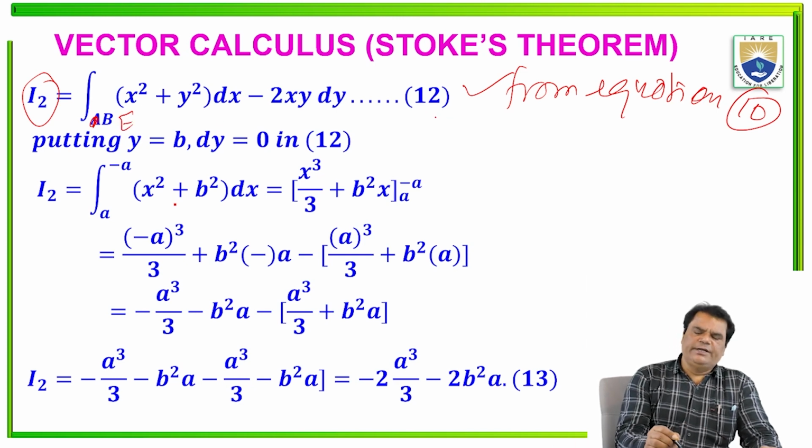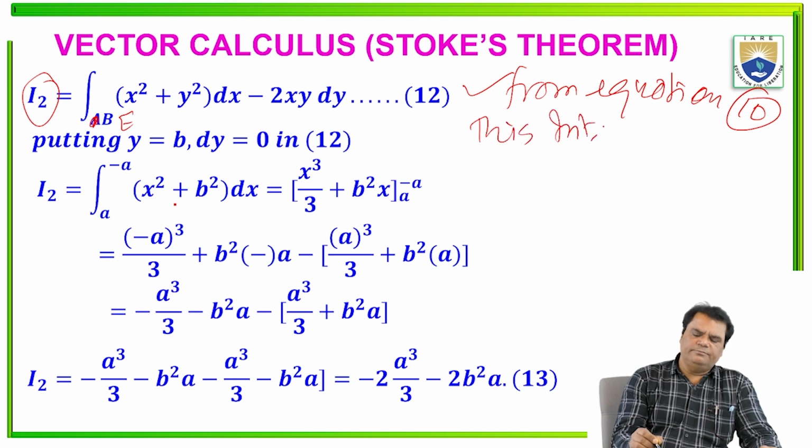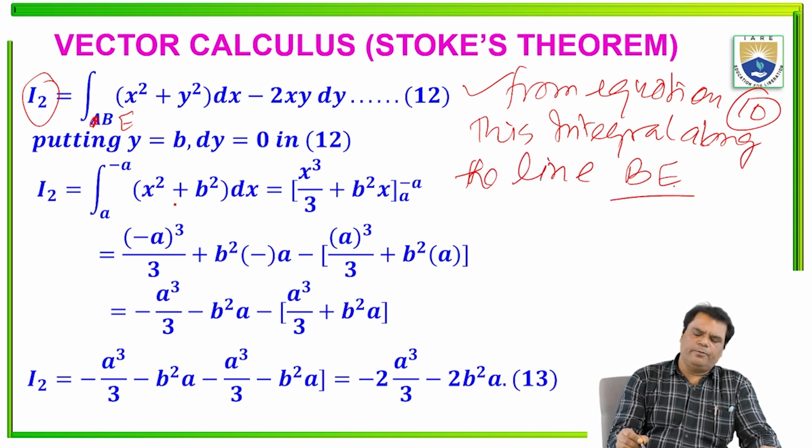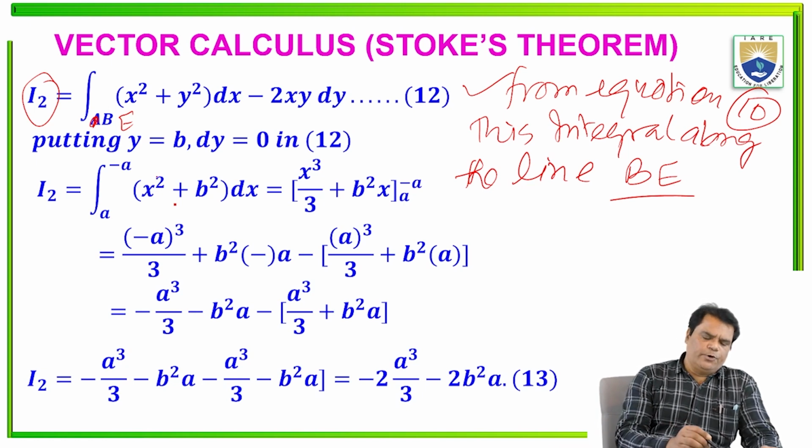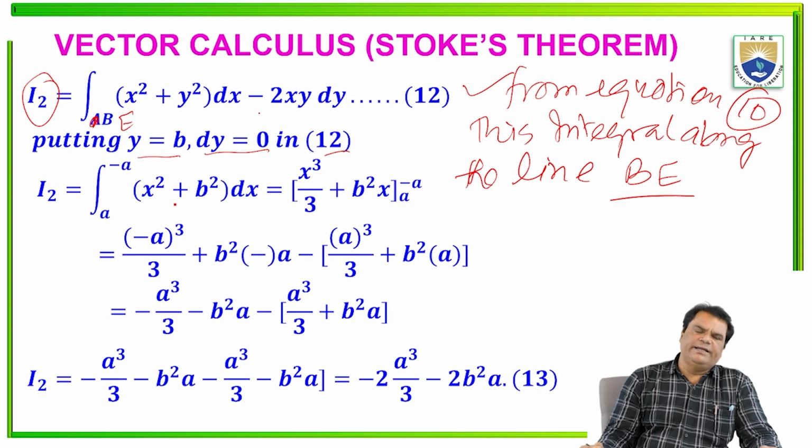This is the integral along the line BE. Putting y equal to b, then dy is 0 in equation 12, and x varies from a to minus a.